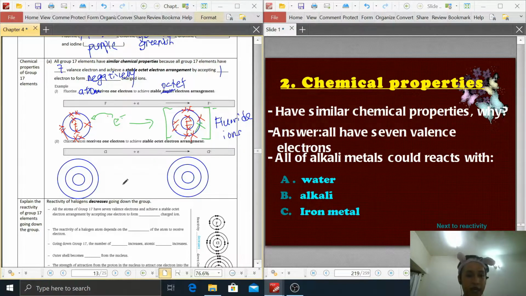Okay, so let's look at chlorine. So chlorine, alright, chlorine is 17, 2, 8, and then 1, 2, 3, 4, 5, 6, 7. Alright, and then they are going to accept 1 electron. Okay, draw this faster. 6.